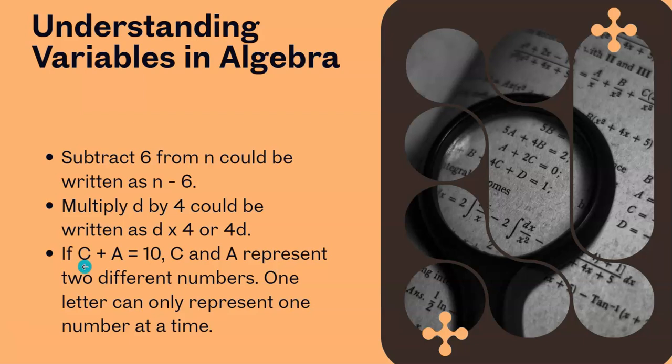If they represented the same number, then for instance, if c represented 5, then it would have been c plus c is equal to 10. So this means that these two will be a different combination, maybe 9 plus 1 or 8 plus 2 or any other combination that can add up to 10.